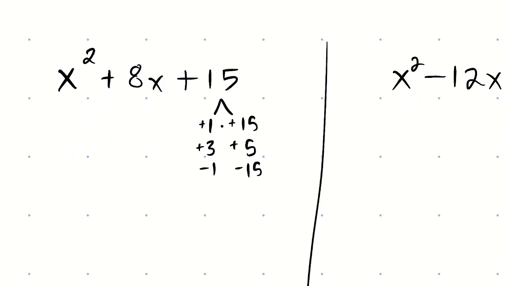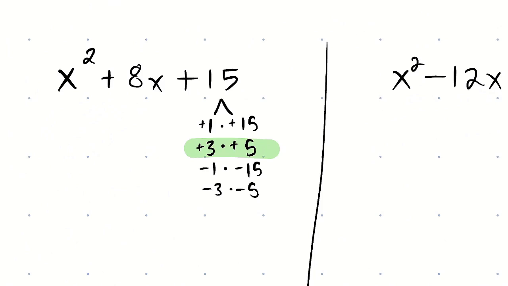I'm going to put multiplication here. You could also get positive 15 if you multiplied negative 3 times negative 5. But we want to choose the two that are going to add up to that middle term. So right here, 5 plus 3 is equal to 8. Those are going to be my two factors.